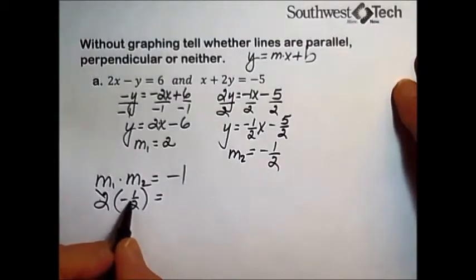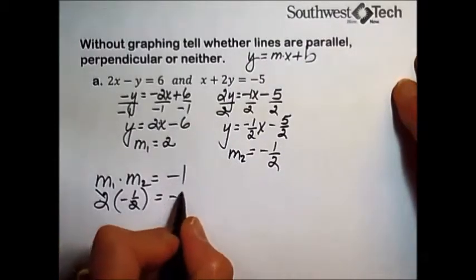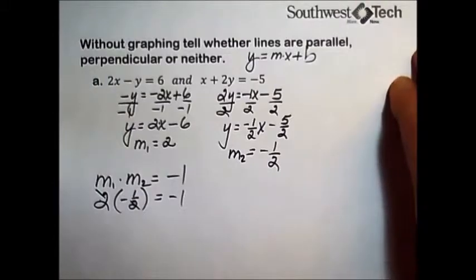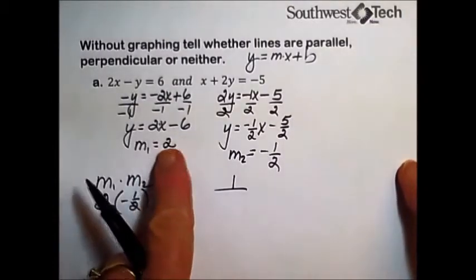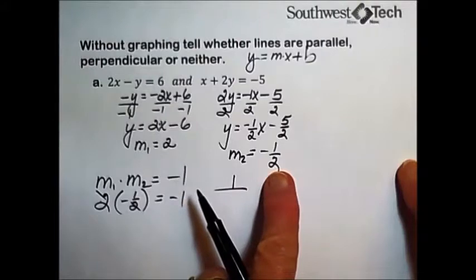The 2 in the numerator cancels out the denominator, and in fact we do get a negative 1. So these two lines are perpendicular, and there's the symbol for perpendicular. We define perpendicular by the product of their slopes equaling negative 1, but also what turns out is one slope is the negative reciprocal of the other.